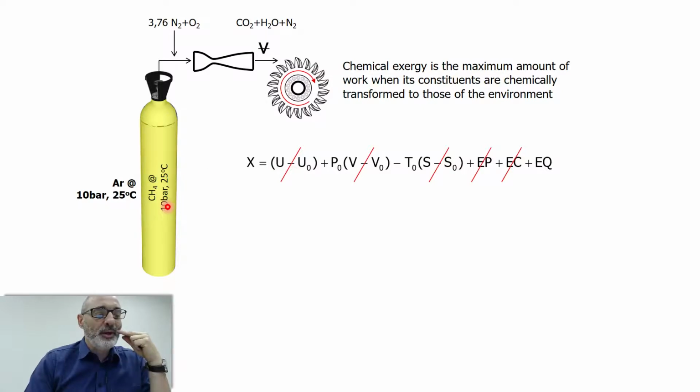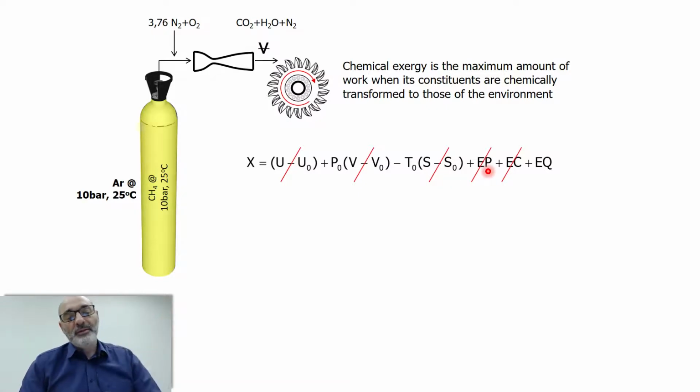Why is that? Because the pressure is the same and the temperature is the same. Remember, U0 is the internal energy of methane at 10 bar, 25 degrees, which is the same as the environment. So this is 0. Likewise, V minus V0 and S minus S0 is 0.